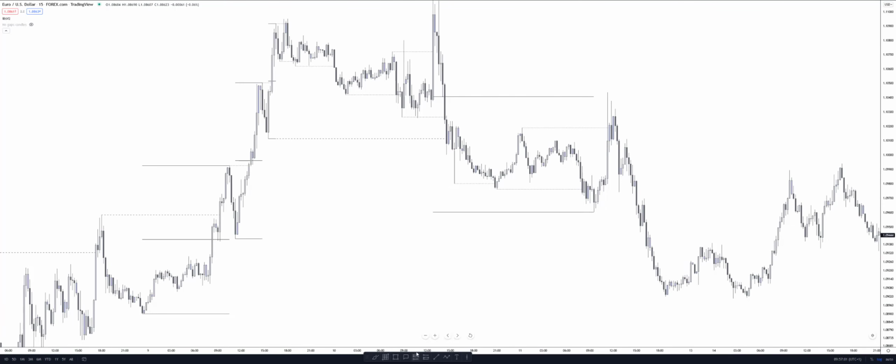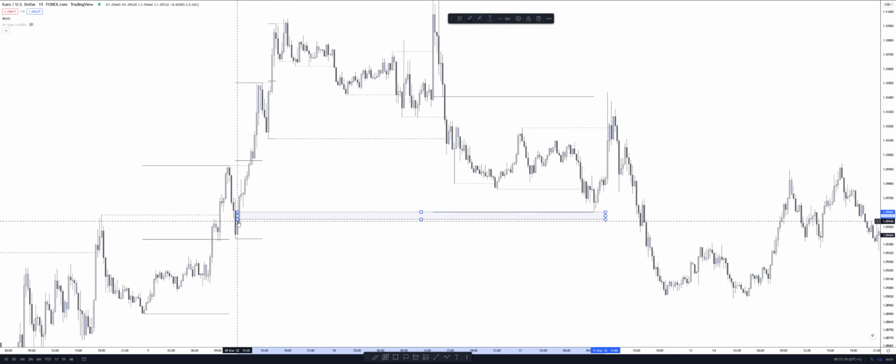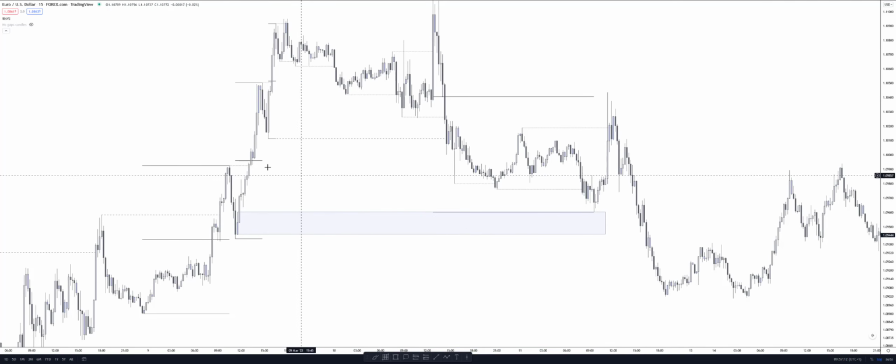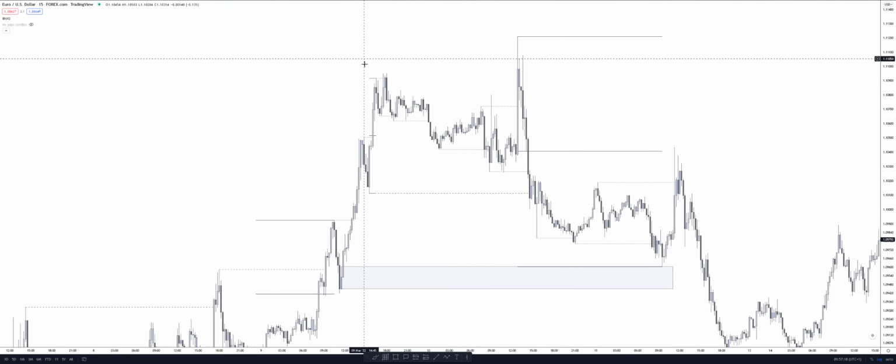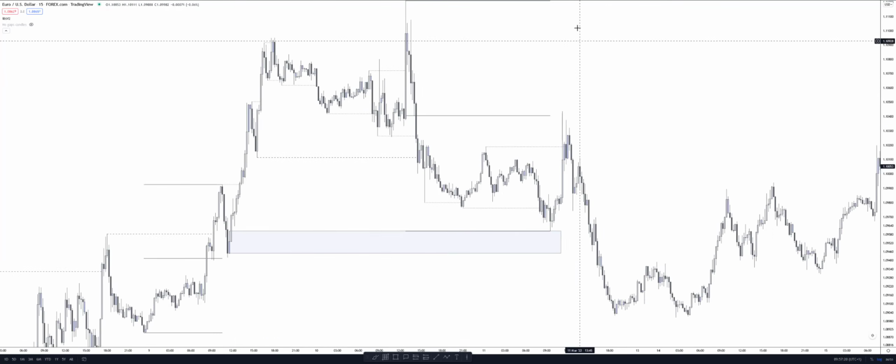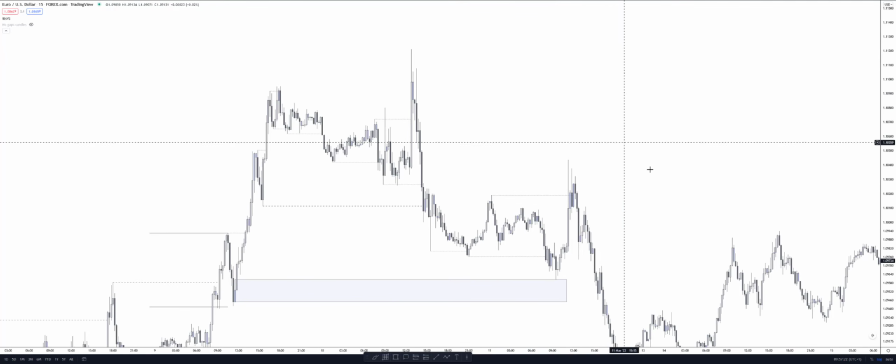So we've now mitigated, was it this zone here, and we can consider this discount now mitigated, as we've had a reaction from it, so we can get rid of that and get rid of that, and now this premium is mitigated, so we can get rid of that.